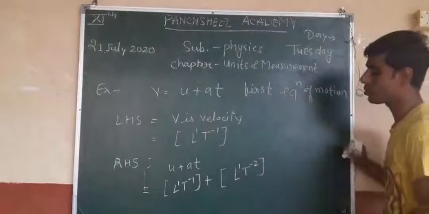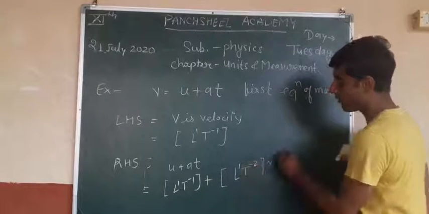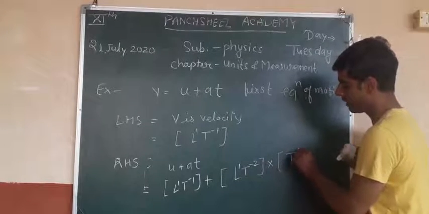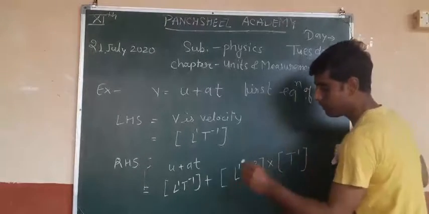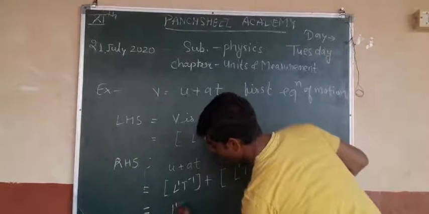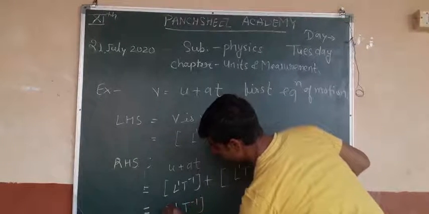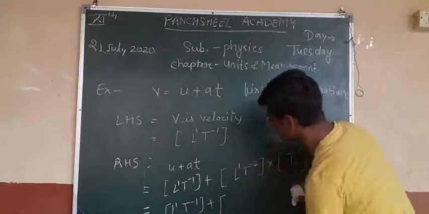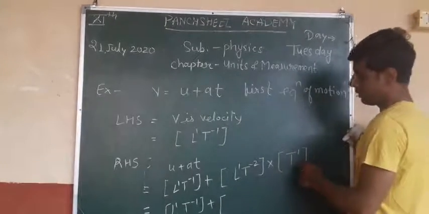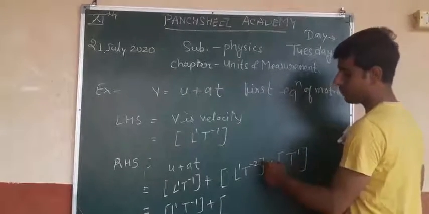And the dimension formula of t, the time, is T1.